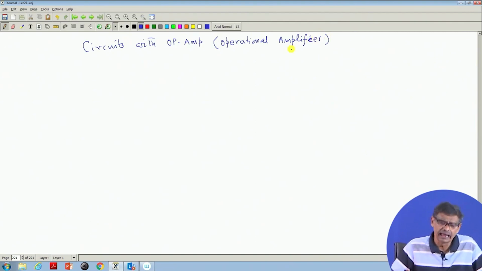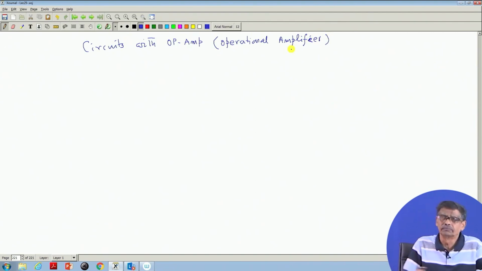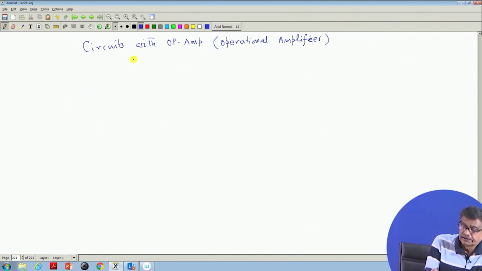Simple circuits, and you will be able to solve no matter how the op-amps are connected with various resistances. But our discussion will be limited to the study of ideal op-amps only.